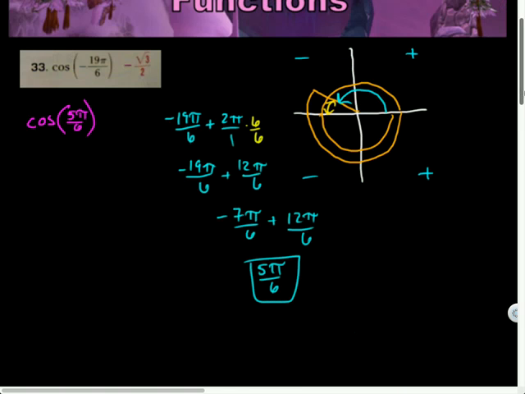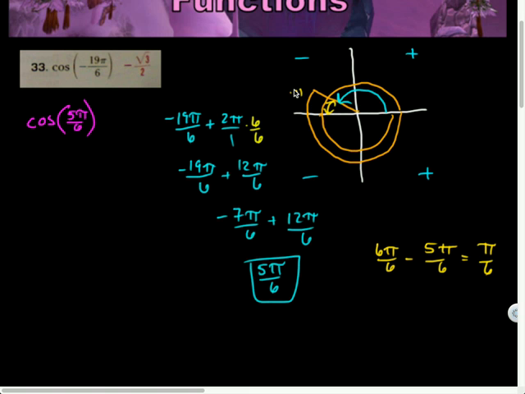Well, I could find out for sure. This is quadrant 2, so I'd want to subtract it from this location. What is this full amount? Pi. That's pi radians, so that would be 6 pi over 6 minus 5 pi over 6, which gives me pi over 6 as the reference angle.